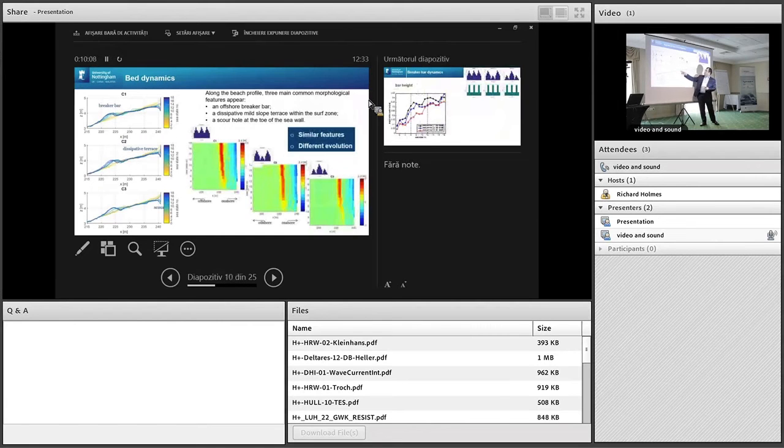So we have the formation of a breaker bar and lowering in front of the seawall. This is what we expect. This also created a slight increase in the significant wave height at the top, which is very important for what I'm going to show you about the overtopping.